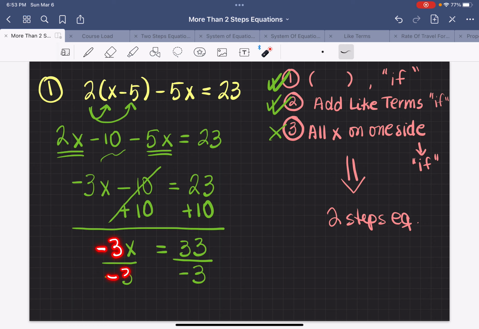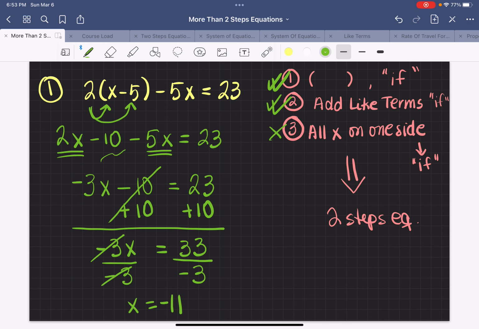So I will divide both sides by -3. With this, I can cancel -3 with -3, and I have x is equal to 33 divided by 3, which is 11, and a positive divided by a negative is a negative. So my answer is -11. X is equal to -11.